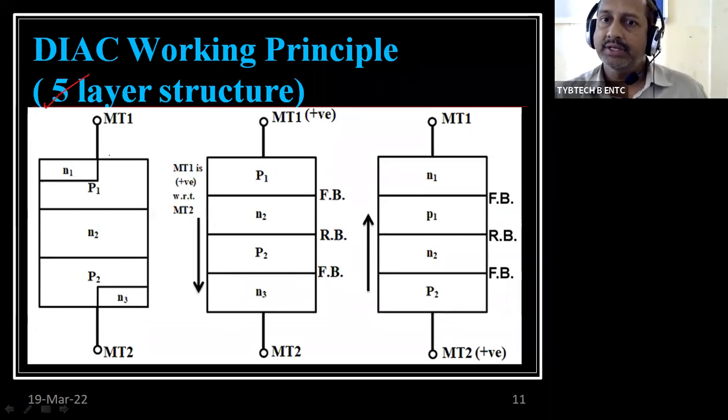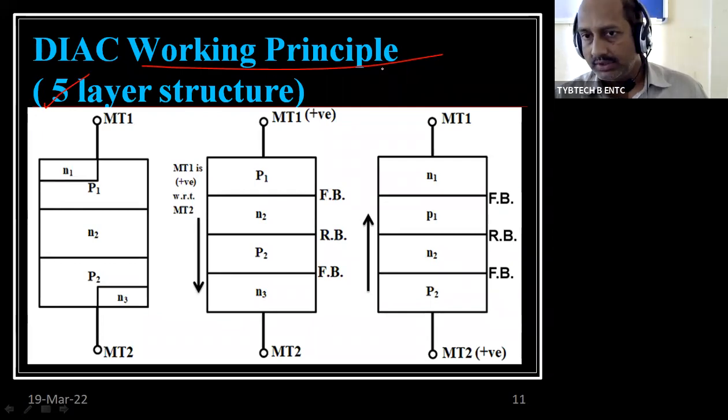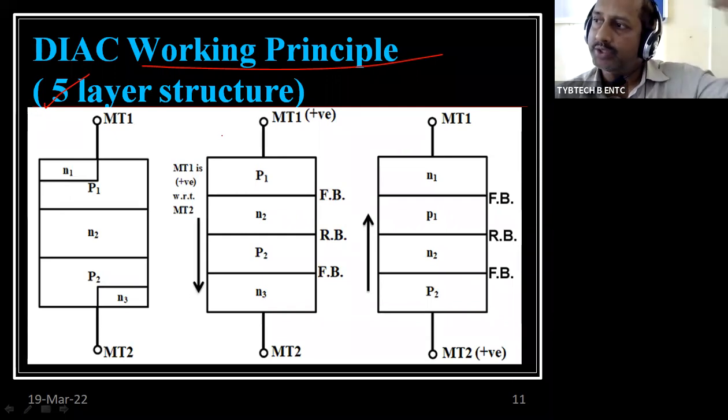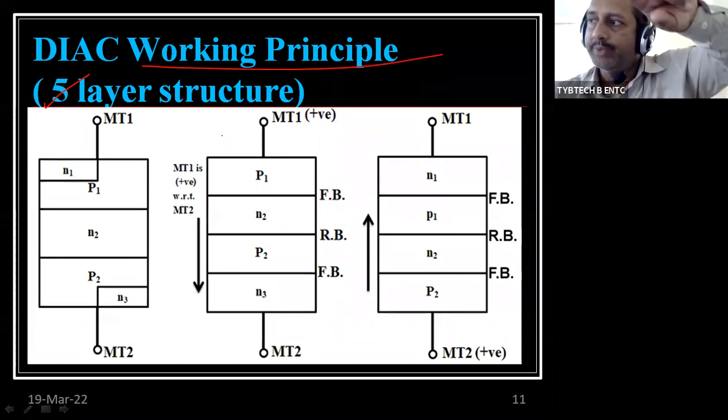Here we have considered the 5-layer structure for explaining the working modes. There are 2 working modes for DIAC: either MT1 is positive with respect to MT2, or MT2 is positive with respect to MT1.